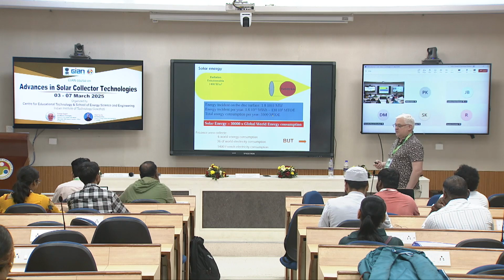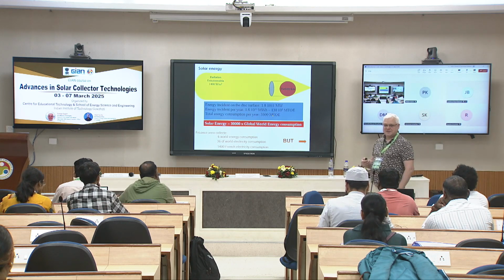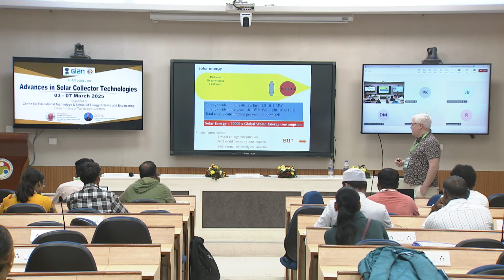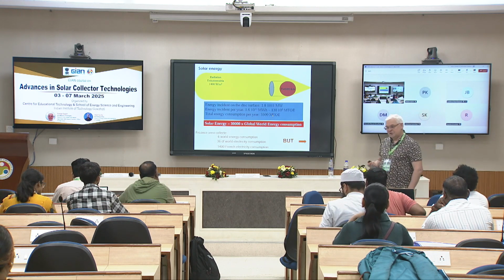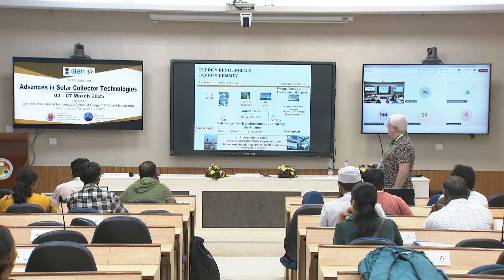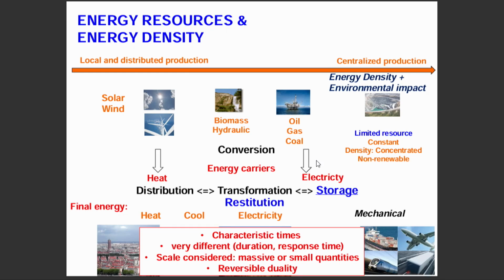It would have been so simple to cover all that surface with PV collectors. Why has it not been done yet? Because there are, of course, some barriers, issues and challenges. As I mentioned previously in the week, the first one is that there is a lot of sun, but the density of this energy is quite weak compared to other resources on the surface of the Earth. Solar energy has the weakest density of resource.